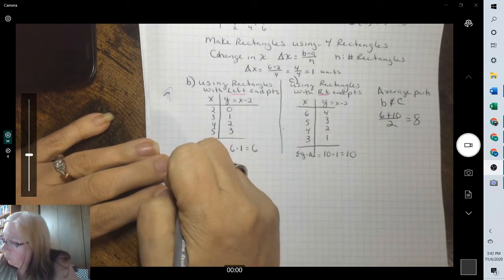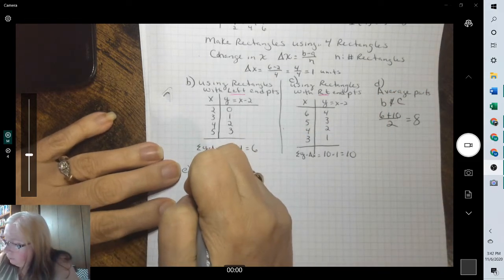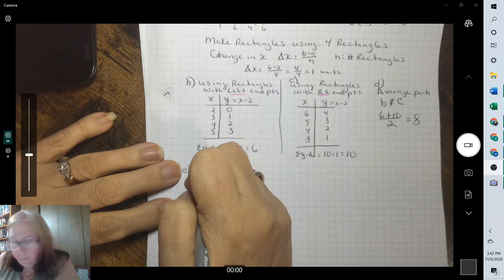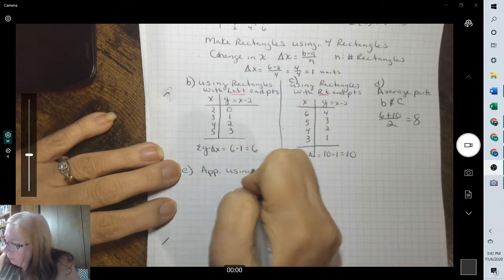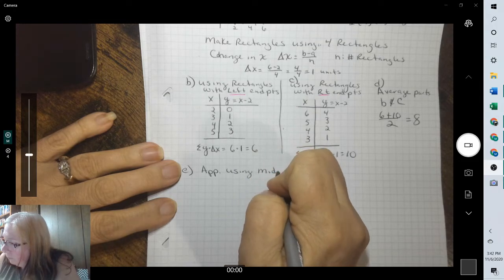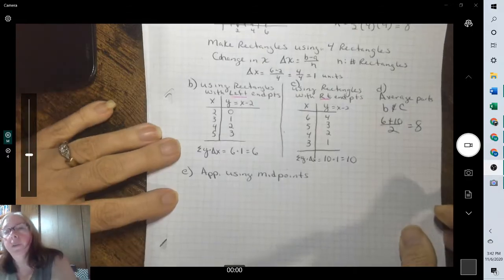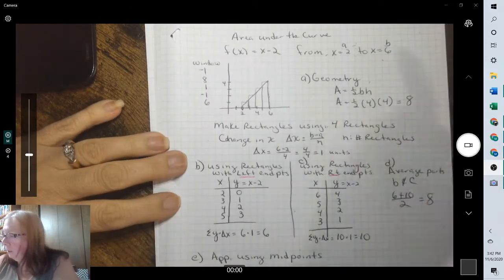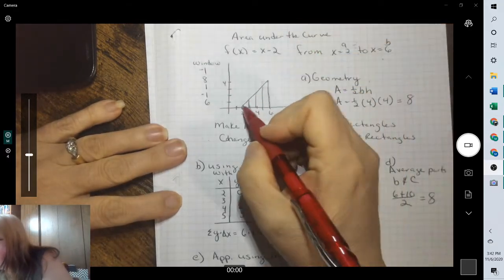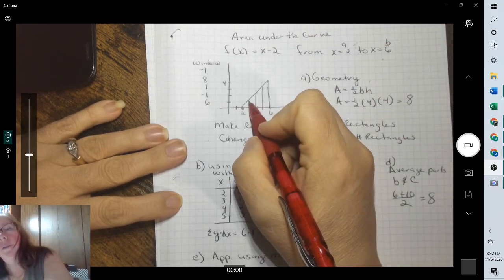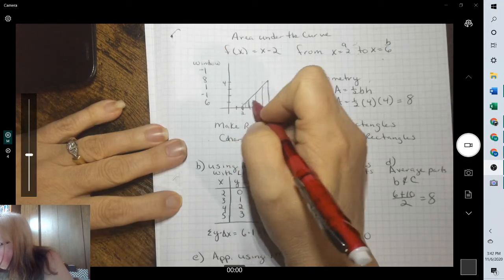Of course, there's one more way. Another way is to use the midpoints, because if we look at this, instead of using this end, which is too short, and this end, which was too tall, what if we went in the middle and made a rectangle.